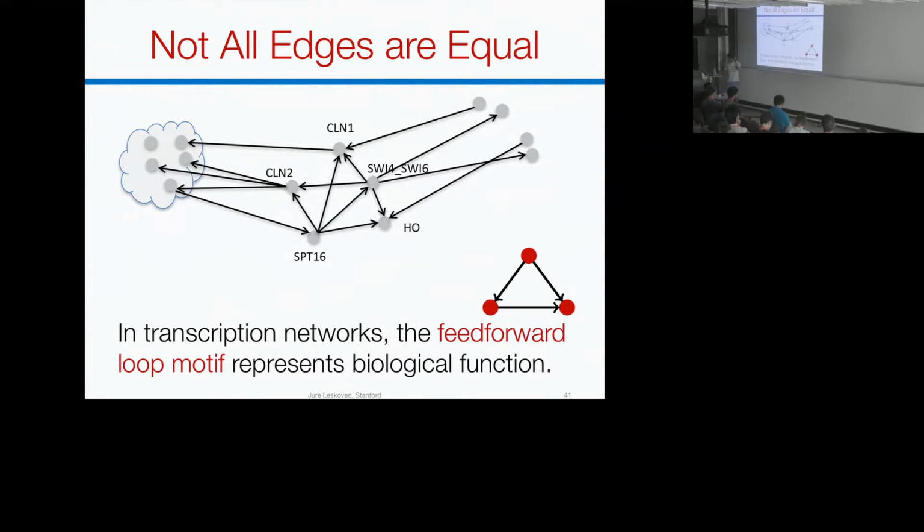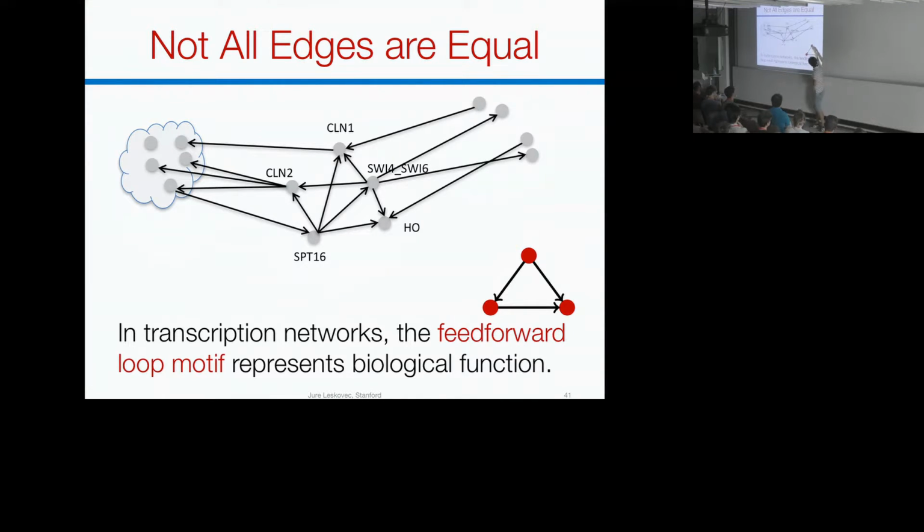To give you another example, I'm talking about transcription networks. These are now directed networks, and what is very important in these types of networks is this idea of feedforward loops. Two nodes can be connected directly, and then there is also a path through a common intermediate that goes around.